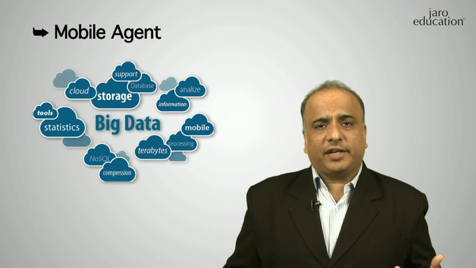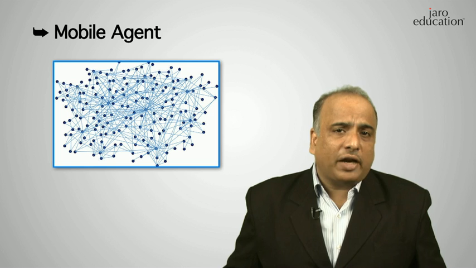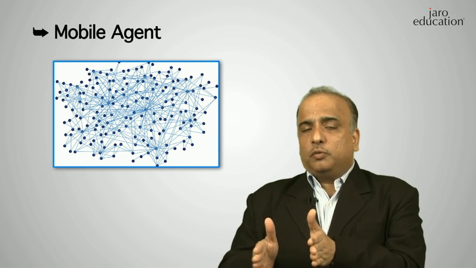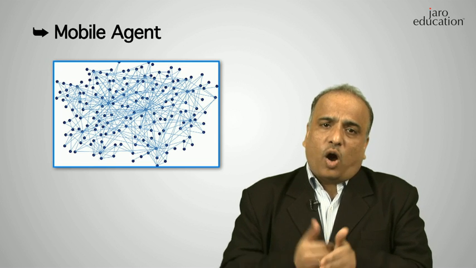Another way in which the mobile agent could be used is this: depending upon the environment in which it is deployed, the mobile agent may require a large amount of data and may require large network bandwidth. Now, if you are in a network which has poor coverage or has low speeds, let us say you are far away from the BTS, and because of that you are getting 2G connectivity instead of 3G or 4G.